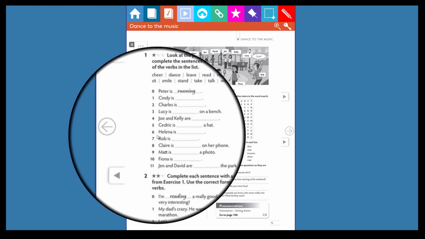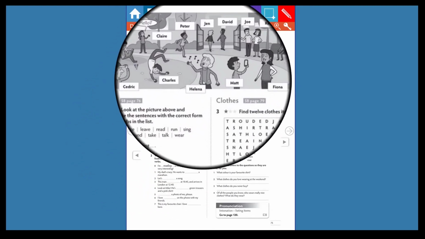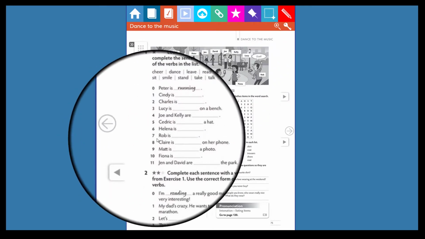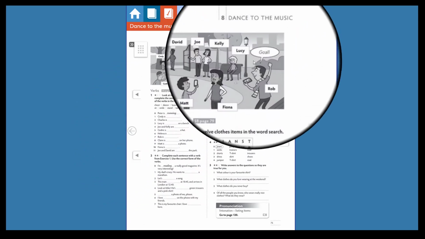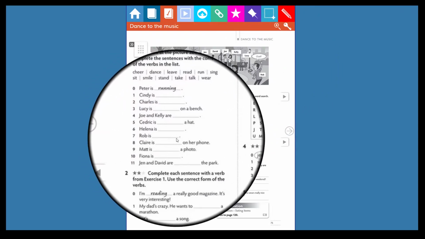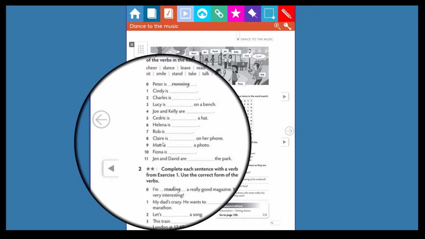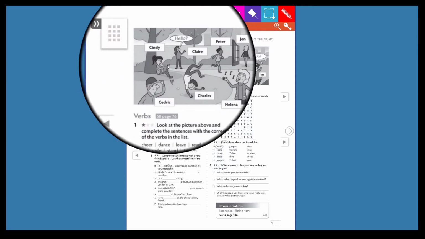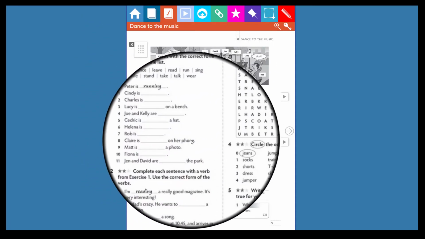Number 6. Elena is, this is Elena, singing. Very good. Number 7. Rob is, this is Rob. Rob is cheering. Number 8. Claire is talking on her phone. This is Claire. Claire is talking on her phone.